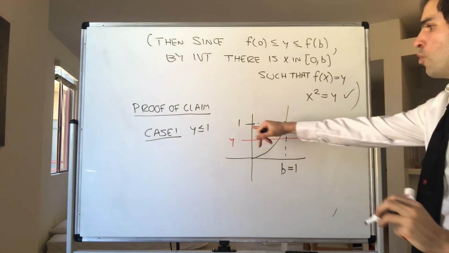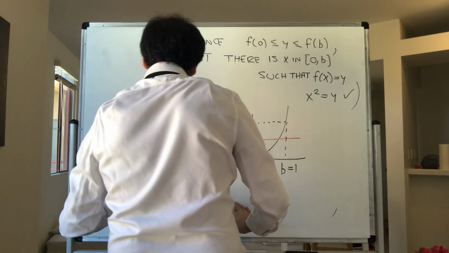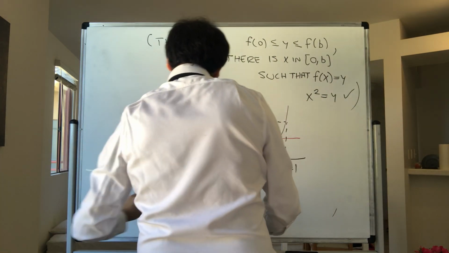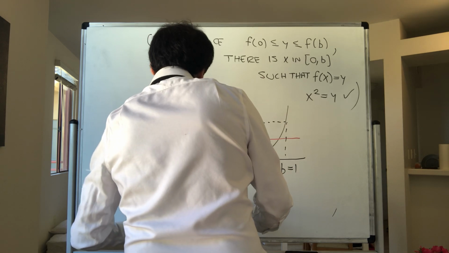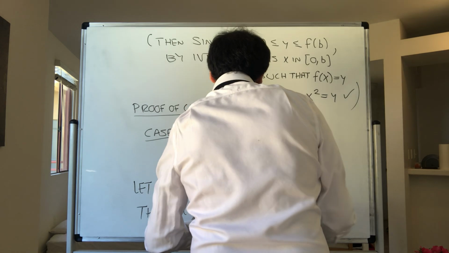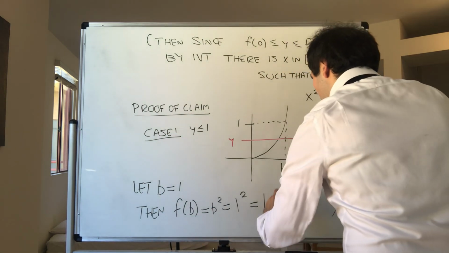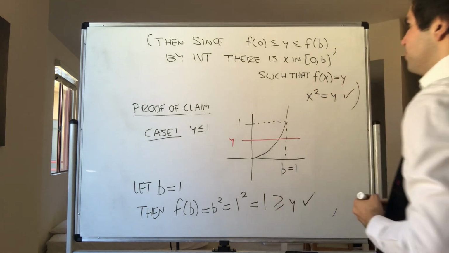Because then b squared is 1, which is greater than y. So let b be 1. Then f of b, that's b squared, which is 1 squared, and that's 1, and by assumption 1 is greater or equal to y.